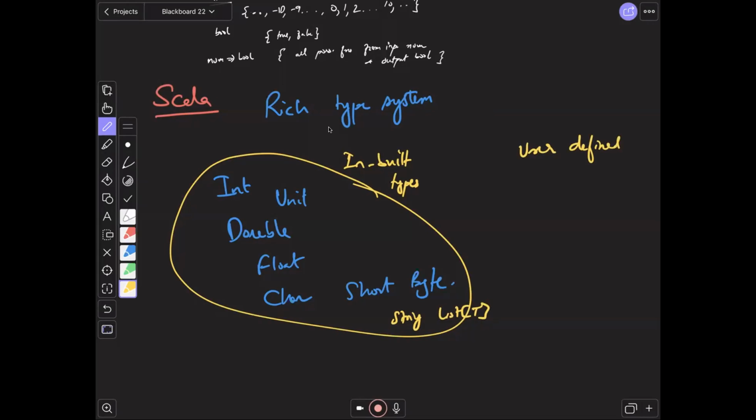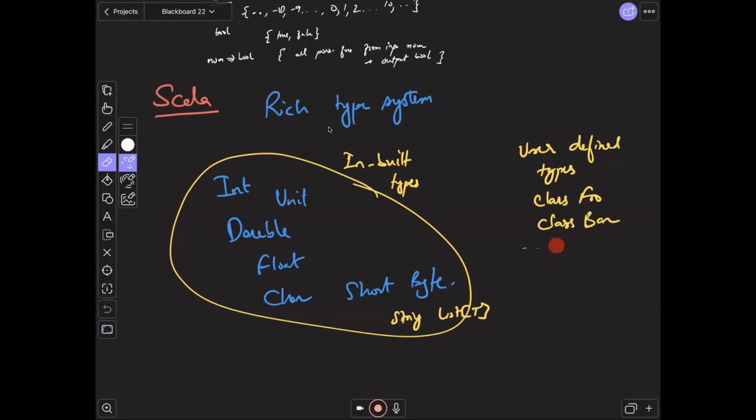And user-defined types in Scala are primarily going to be your classes, the objects that you create. The classes that you define are going to be your types. So class foo, class bar, these are things that I define. And this includes your case classes as well. After all, a case class is nothing but a class with some extra stuff that's already given to you.